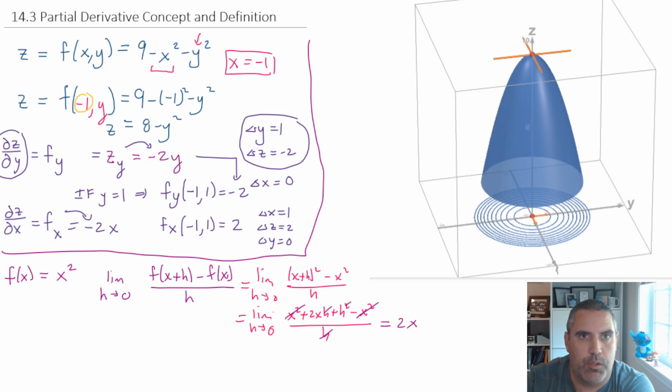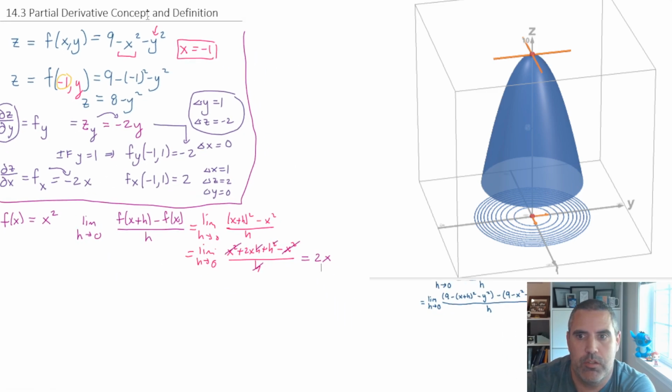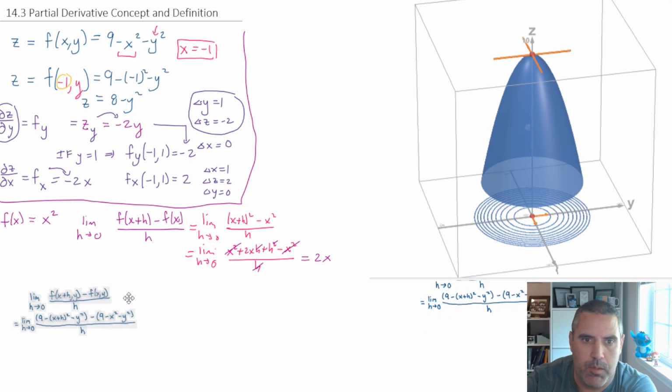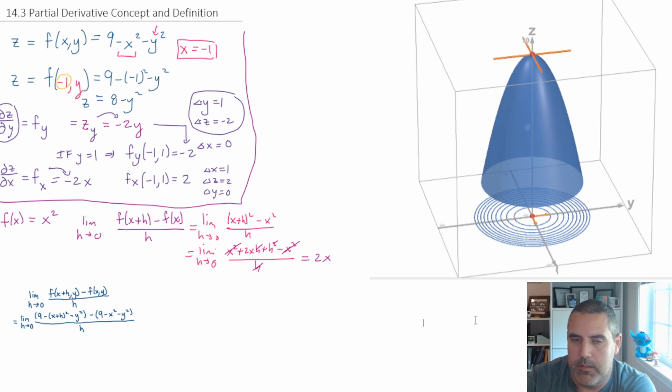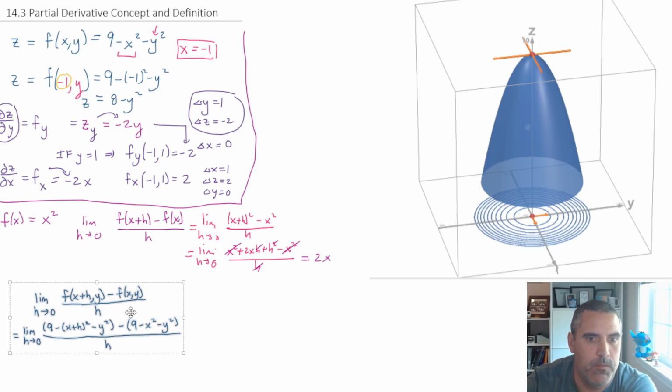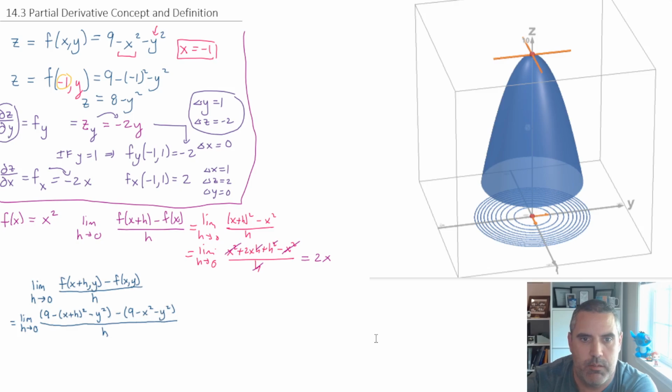Okay, so just for comparison, the definition, I've written it out, going back to our original function. The definition for a multivariable partial derivative is the same definition. So if you ever see this definition written out, it is no different.